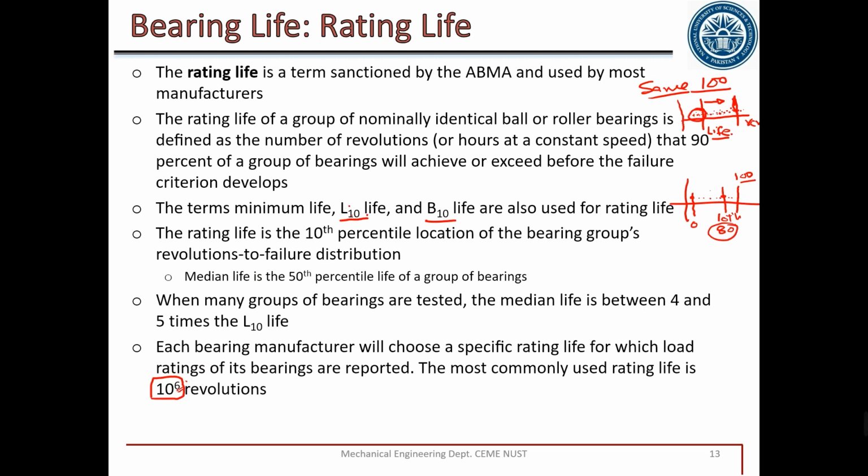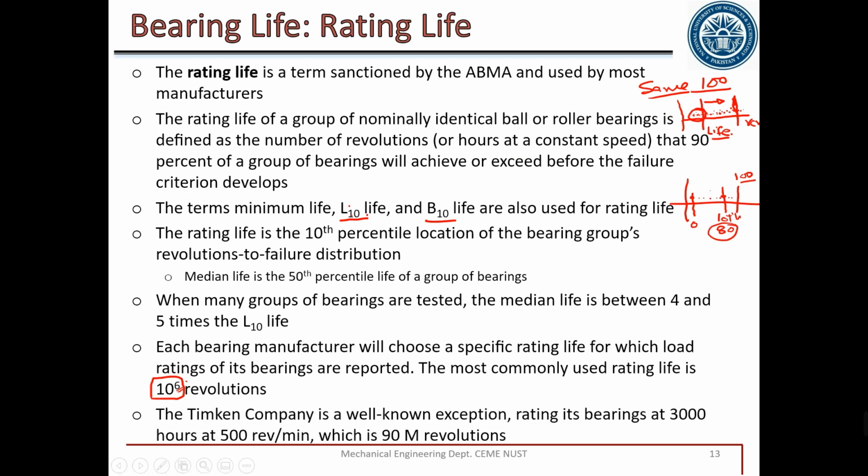If the bearing fails at 10 power 6 revolutions at any load, that will be the life of that bearing. But as compared to those, the Timken company designed their bearing for 90 million revolutions, as compared to 1 million for an average bearing company.